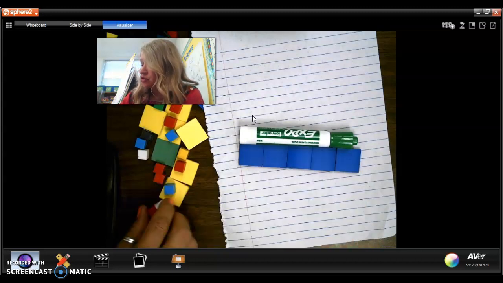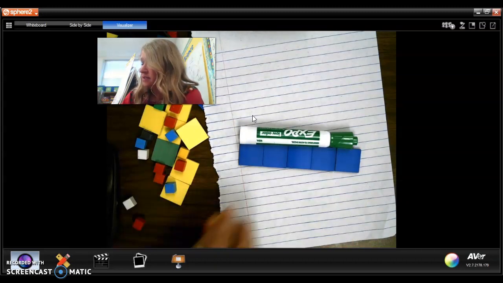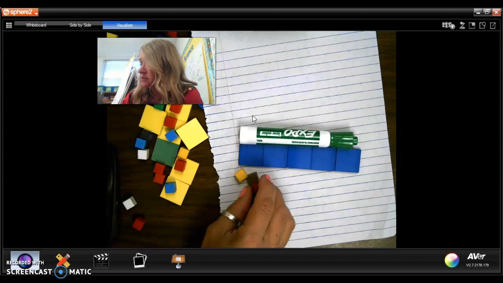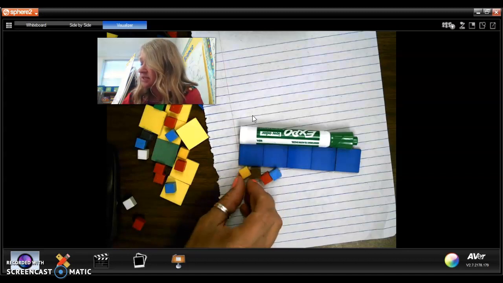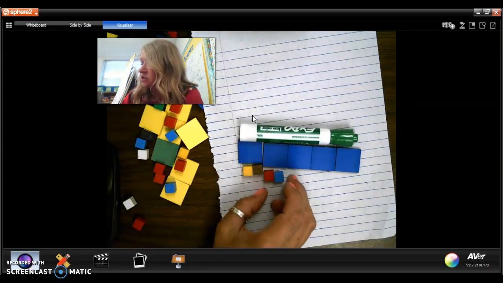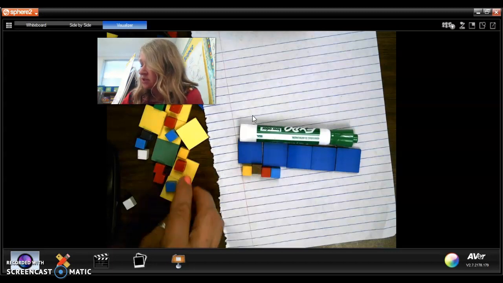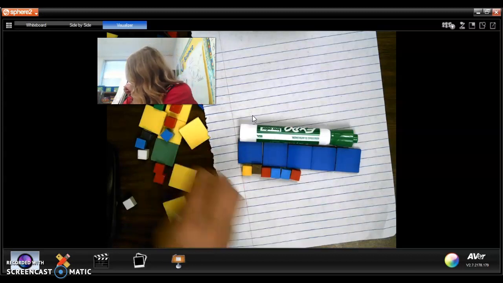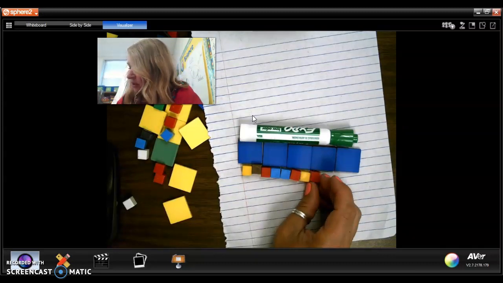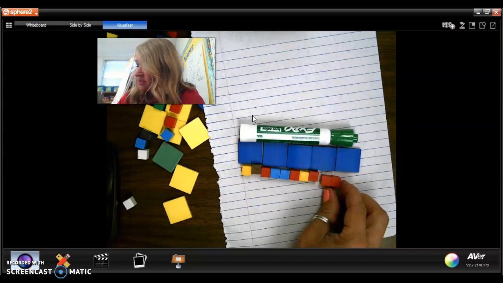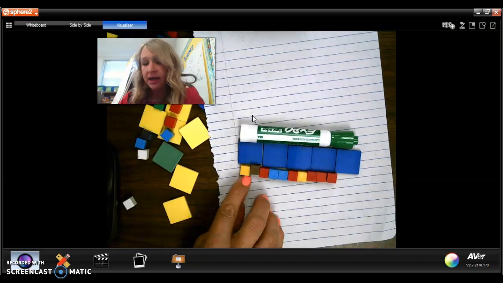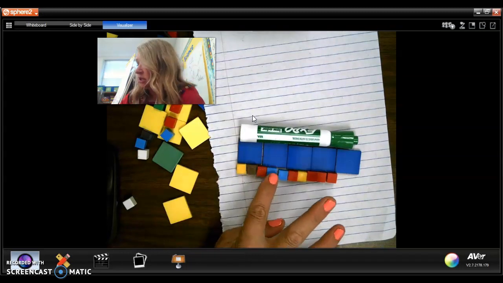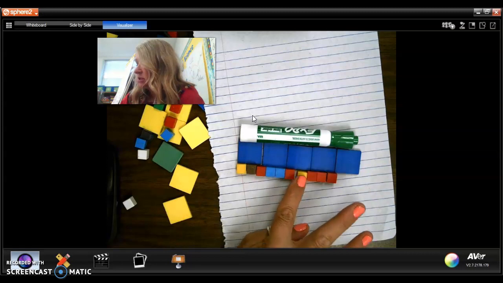Now I'm going to measure it with the ones units, and I'm going to leave my tiles up there so you can see if I used more or less of these unit cubes, ones units. Do you think I'm going to need more ones units than I did square tiles? I think you're right. Now, they need to be touching, touching, touching.